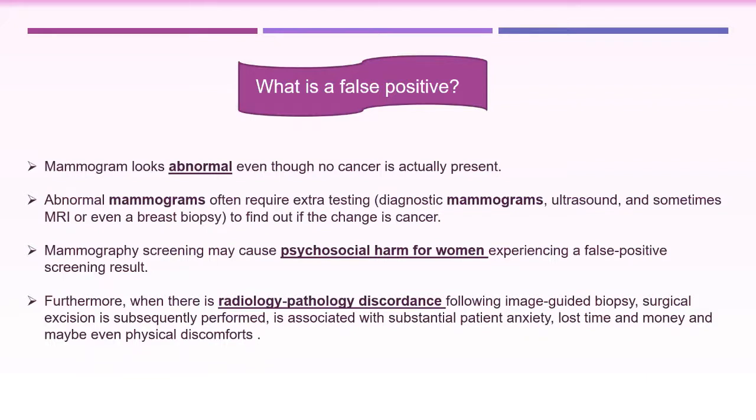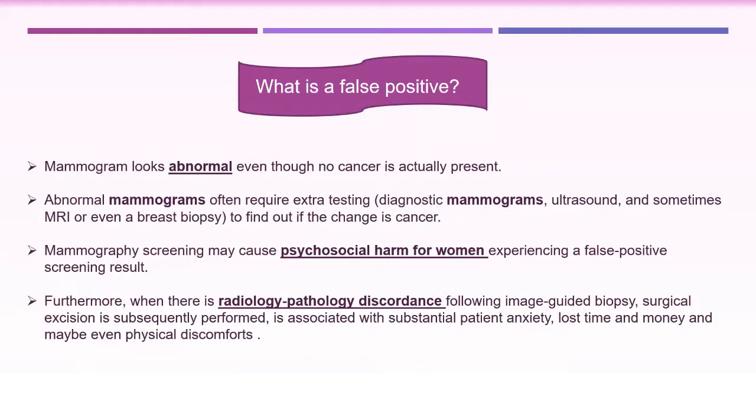So for these abnormalities, definitely we require extra testing. If it is seen in screening mammography, definitely diagnostic mammography should be performed, then ultrasound and sometimes MRI or even biopsy, to work it out and diagnose if breast cancer is there or not.